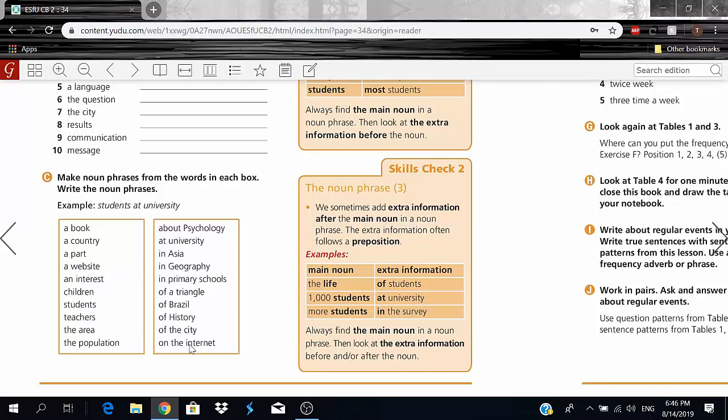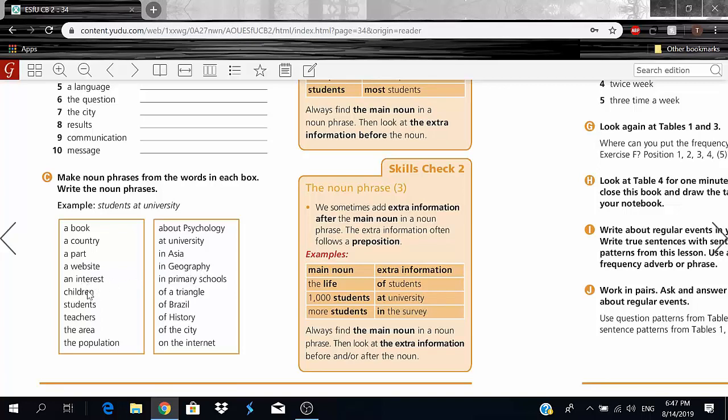Where is the internet? On the internet. I swear I saw it. I was like, where is it? And then we have a website on the internet. An interest. What do we have for an interest? I can say an interest in primary schools, or even better, an interest in geography.